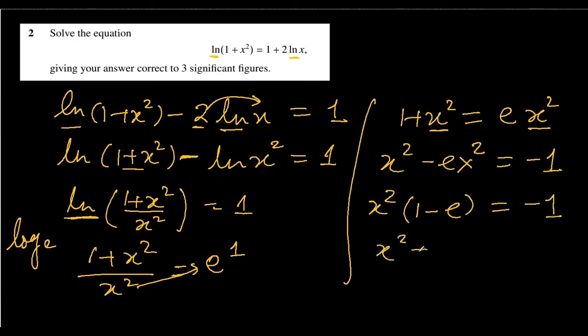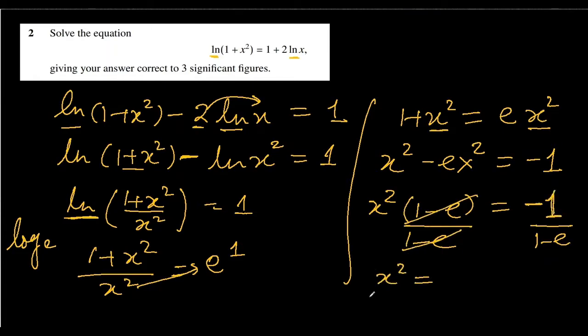X square will cross multiply by dividing it by the other side, or if you want, we can do it this way. Divide this side by 1 minus e, divide this also by 1 minus e, so that 1 minus e cancels here. So x square is equal to, now there is a negative here. To find x, we'll have to square root, and square rooting a negative looks odd.